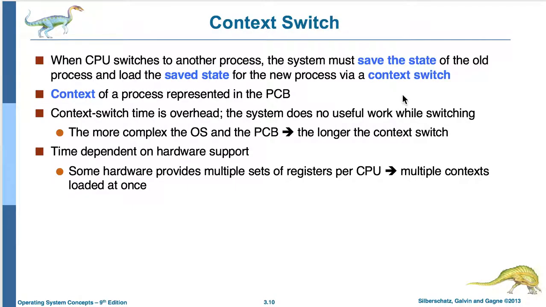Furthermore, we also learned in the last lecture that when the CPU switches from one process to another process, the system really has to save the entire state of the old process, and this whole methodology of saving the state and loading the state for a different process so that it can be brought back to the CPU to run is known as context switching.